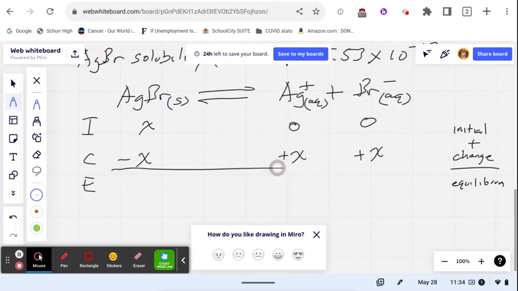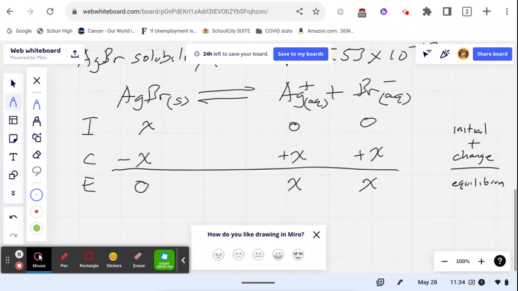At equilibrium, X minus X, there's nothing left. That's why we did that, because we want to know how much we can dissolve so that there'll be nothing left, and yet all of it will have dissolved. At equilibrium, the silver will be X molar, and bromide will also be X molar.